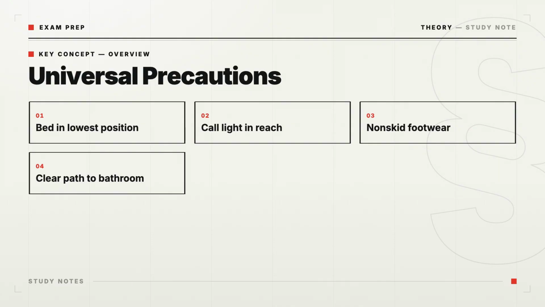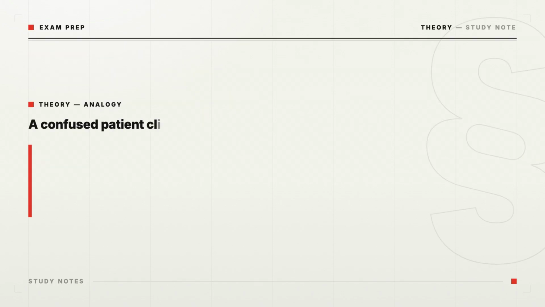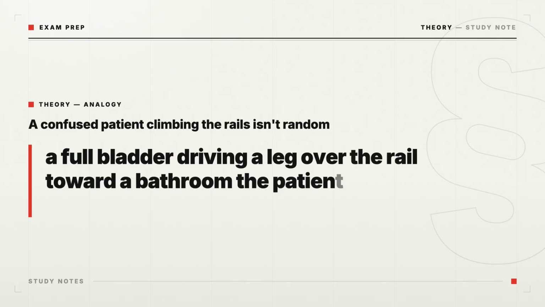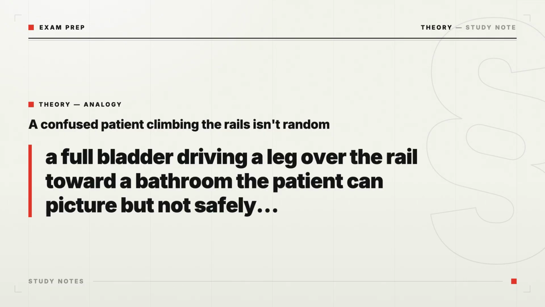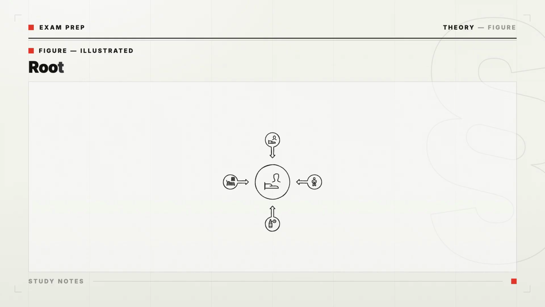These are good practice, but they assume a patient can still reason and remember to use them. Picture a confused patient repeatedly climbing over the side rails. The universal precautions are already in place, yet the climbing continues, because the real driver is a full bladder, a powerful urge acted on by a brain that can no longer plan the safe route.